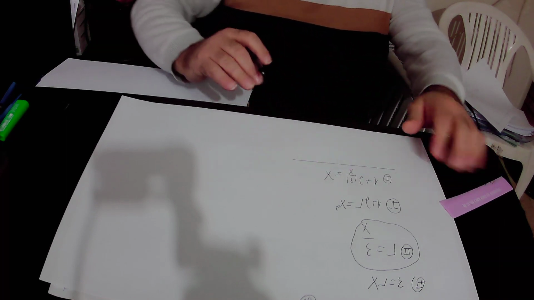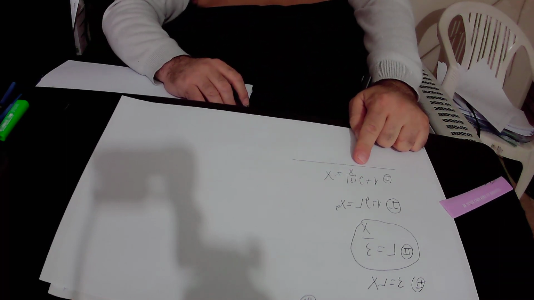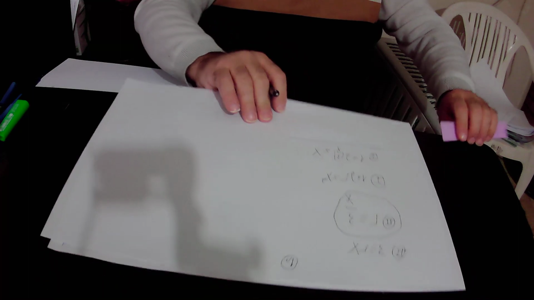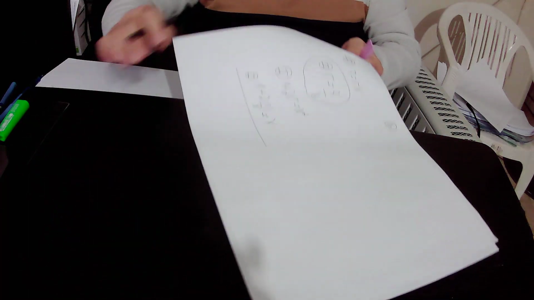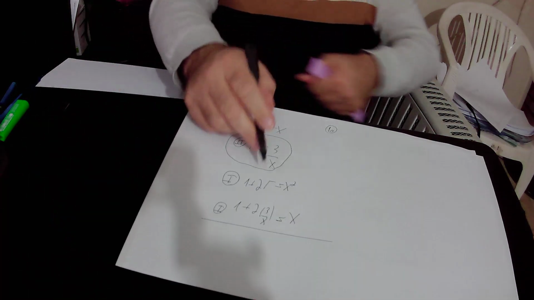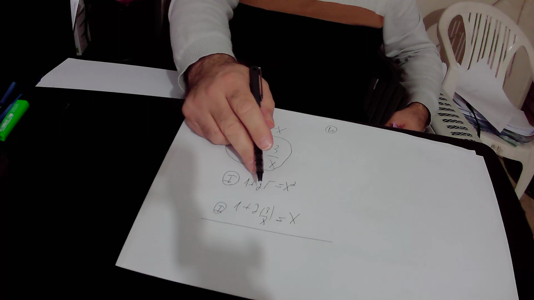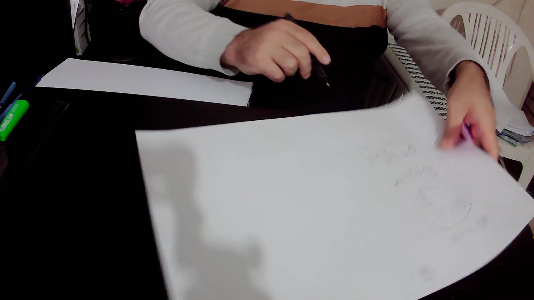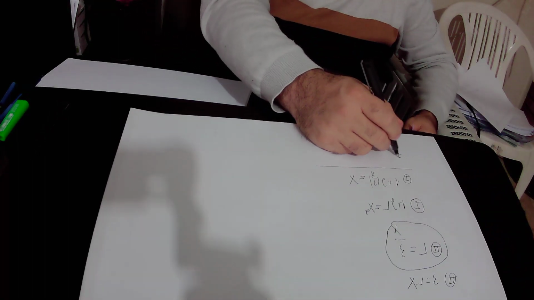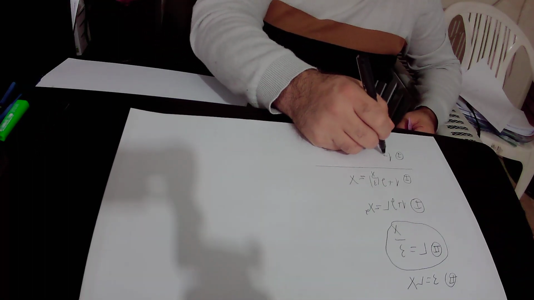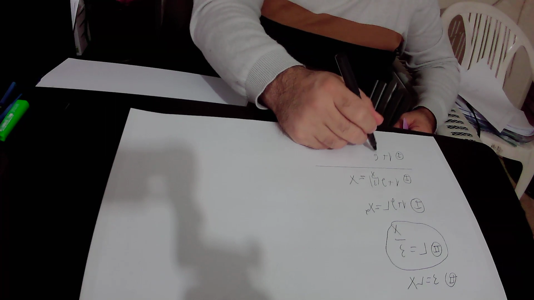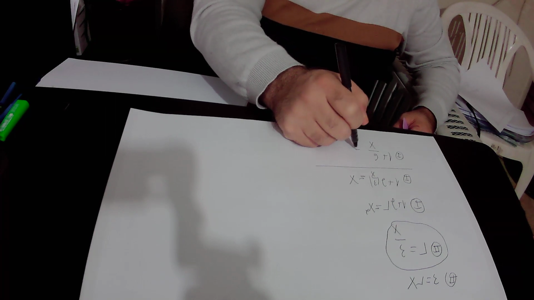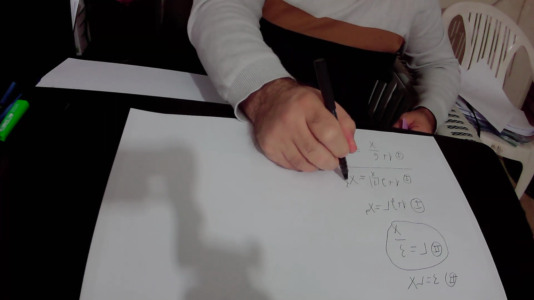So here, 2 times 3 is 6, so we'll write it down: 1 plus 6 over x equals x squared.